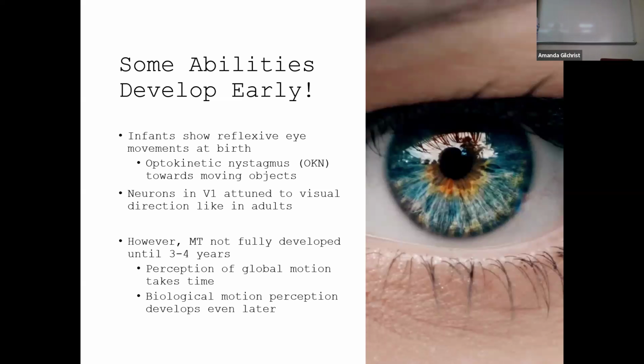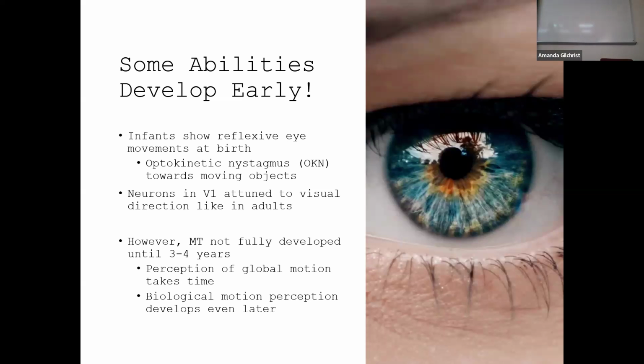That is a case of an optokinetic nystagmus. Infants develop that relatively early on. Additionally, we do know that neurons in the primary visual cortex are already orientation and direction sensitive as they would be in adults. However, there are other abilities that do develop later on in life.